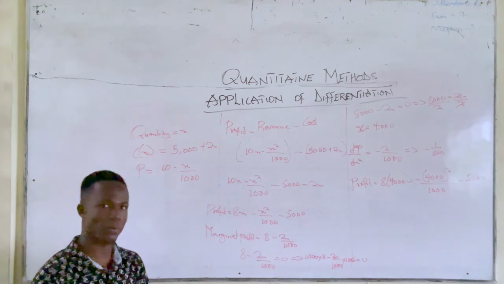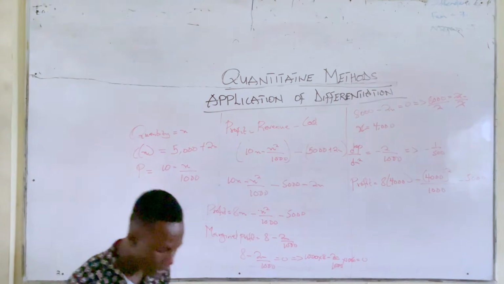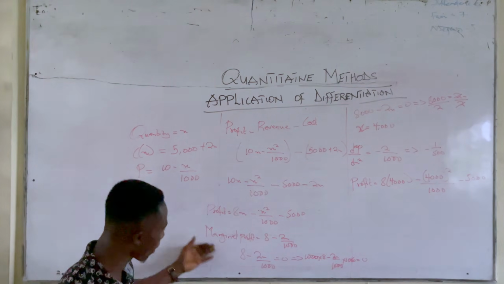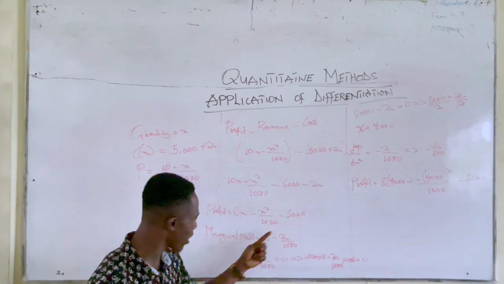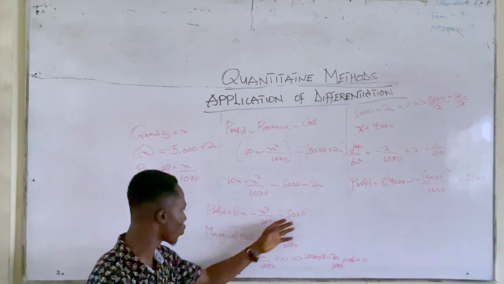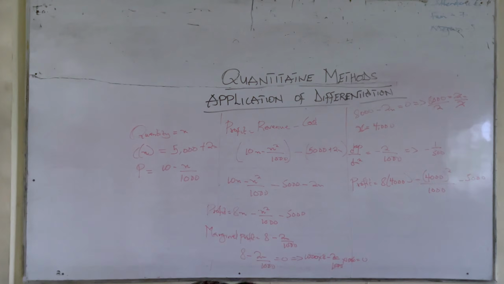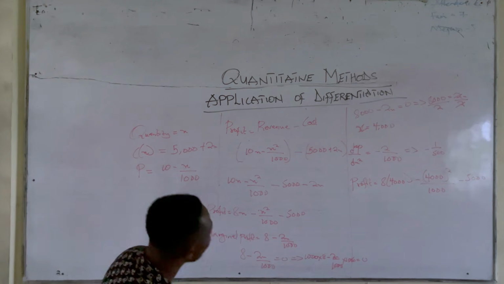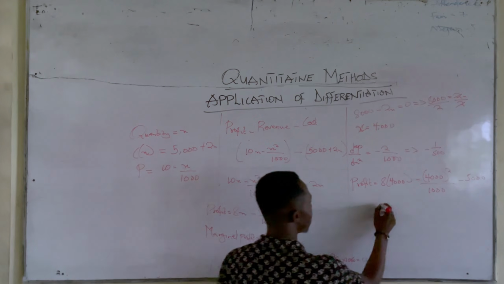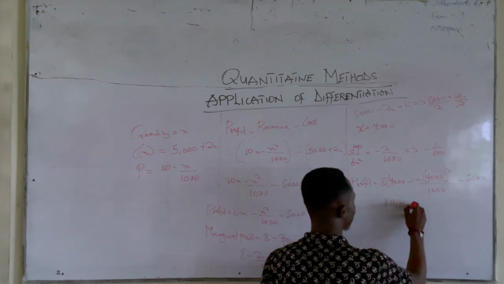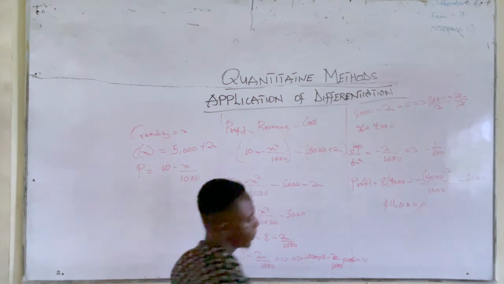Don't put it in the marginal profit function. We are finding what? The profit. If it were to be marginal profit, then we would have used this function. But because it is maximum profit, we are interested in this. Okay, so when you substitute the 4,000, you get 11,000 Ghana cedis. 11,000 Ghana cedis. Do you get it?